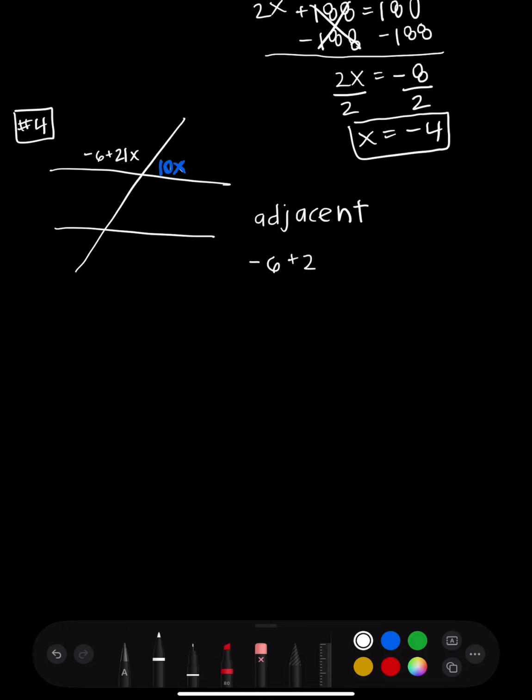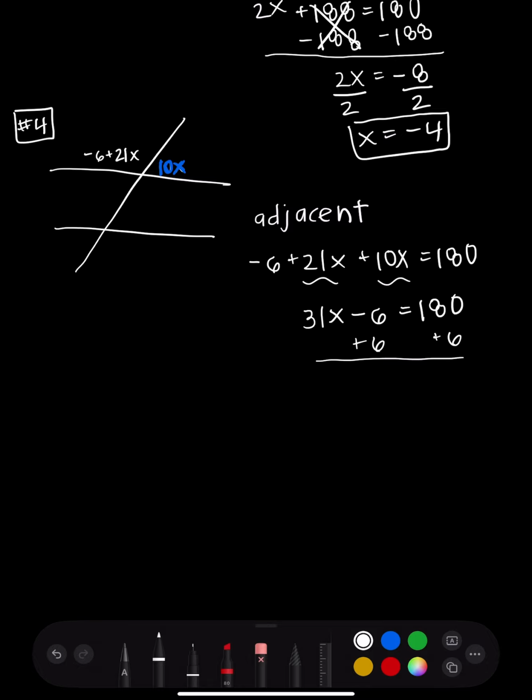Negative 6 plus 21x plus 10x has to be equal to 180 degrees. Then we're going to combine like terms. We've got a 21x and a 10x, which gives me 31x. And then the negative 6 doesn't have anything in common, so we just leave it as minus 6 is equal to 180. Now to solve for x, we would add 6 to each side.